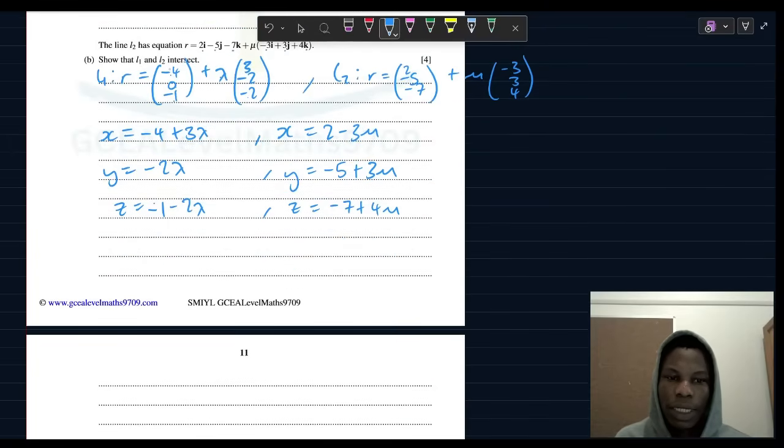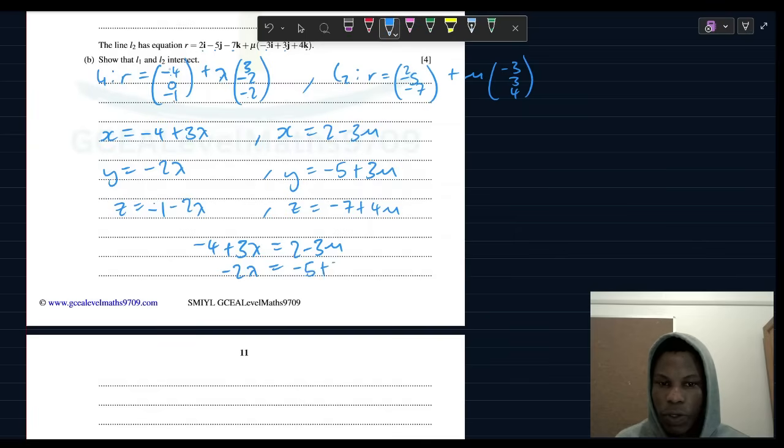And so now we can equate the equations for x, for y, and for z. So we end up with -4 plus 3 lambda is equal to 2 minus 3 mu. Then -2 lambda is equal to -5 plus 3 mu. And then -1 - 2 lambda is equal to -7 plus 4 mu.